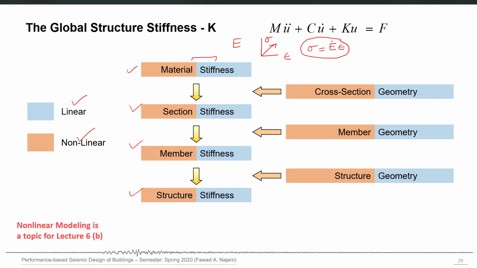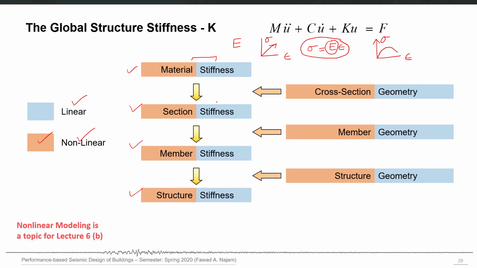So it means that elastic modulus alone represents the linear part of the material stiffness. But the material stiffness can be non-linear also. For example, if you define the actual non-linear stress strain curve of a material, which may look like this, then that stiffness is the non-linear stiffness or inelastic stiffness, this one.